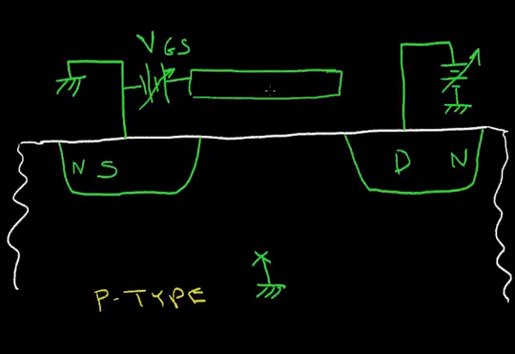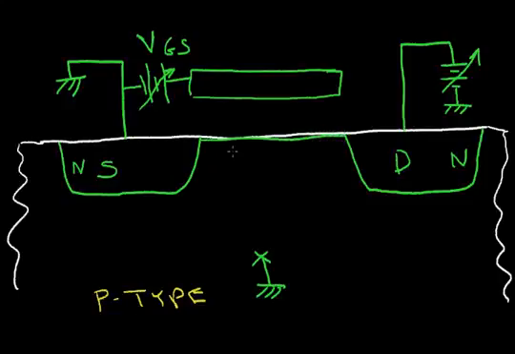If we start the drain at ground, we'll say this voltage source is 0. So our substrate is at ground, the source is at ground, and we start increasing the gate to source voltage. When we increase that enough, we overcome the threshold and we start forming an N-type region at the surface.